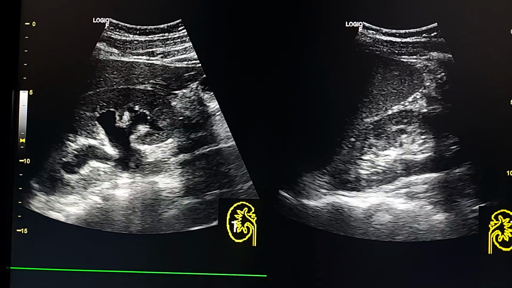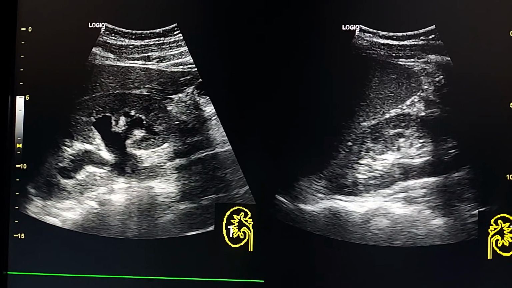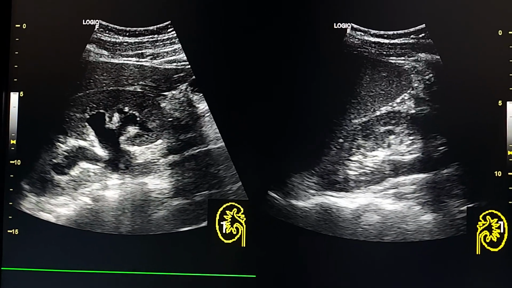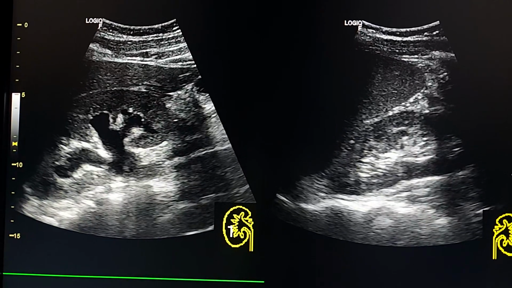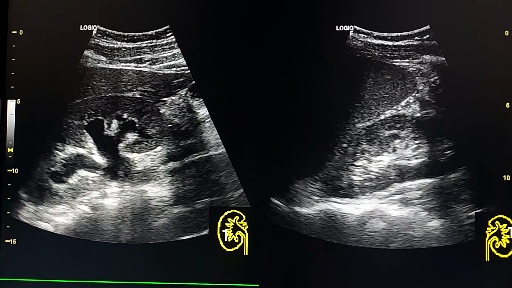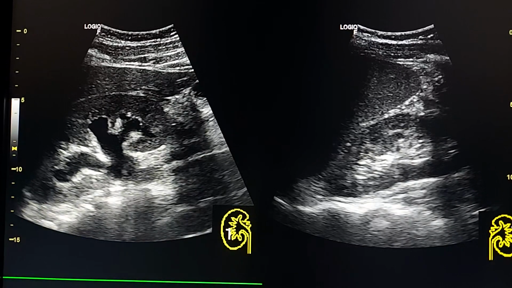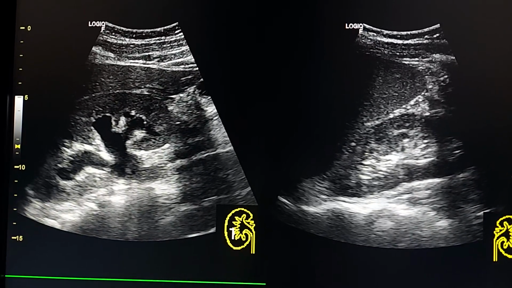But most of the time, stones are in the lower ureter, and we see that the ureter is dilated in the point where it crosses the iliac vessels.